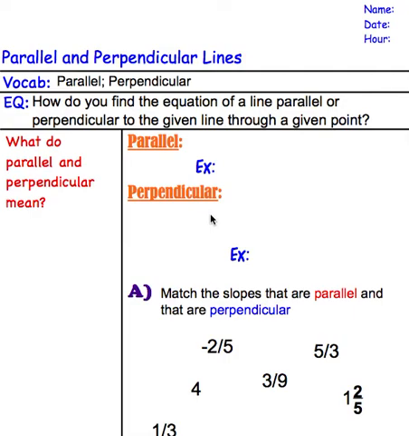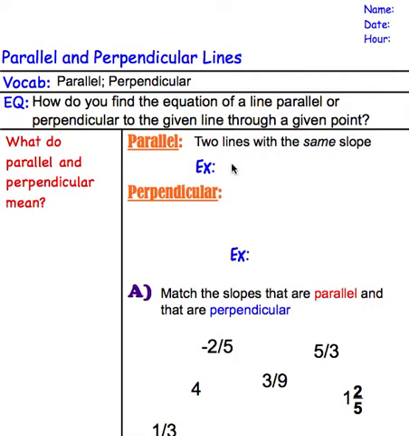Section 2.4 is on parallel and perpendicular lines. Now remember, parallel lines, as you learned in Algebra 1, are two lines that have the same slope.